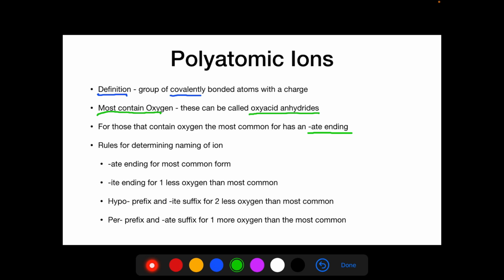However, if you know the most common form, then you can determine the oxygens for any other ending. So let's look at an example here, chlorate.